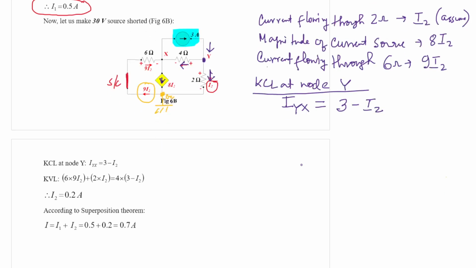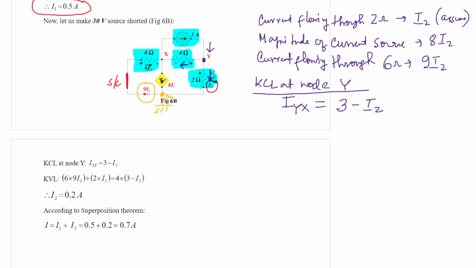Again, if we apply KVL, we need to consider only these three: the potential drop across the 6 ohm resistor, across the 4 ohm resistor, and across the 2 ohm resistor.